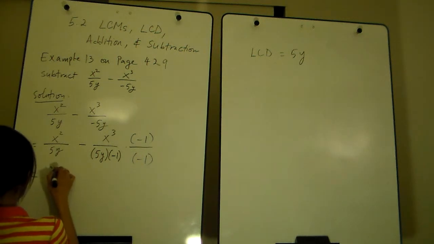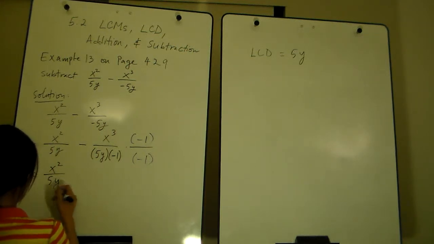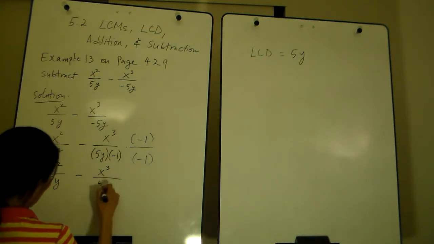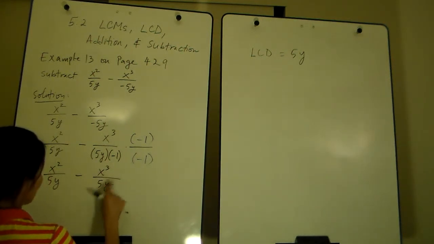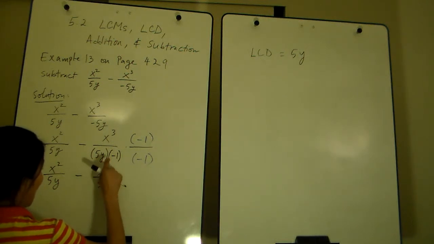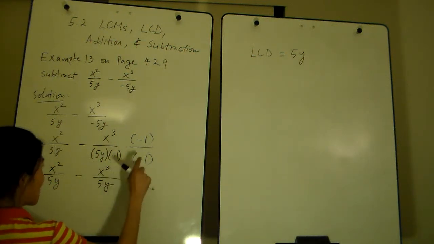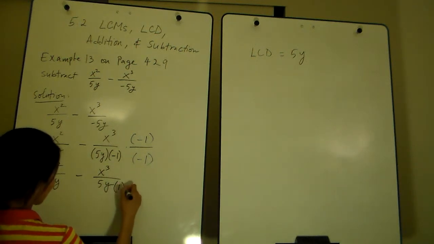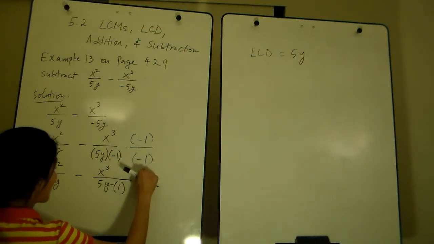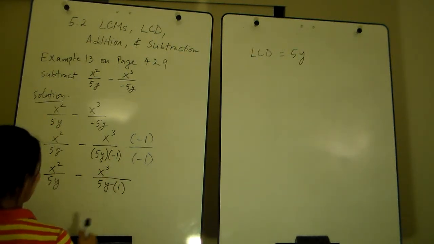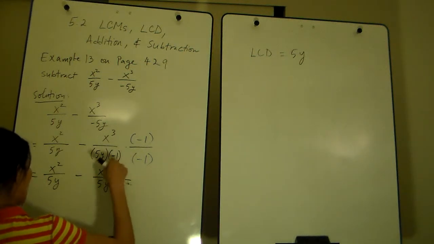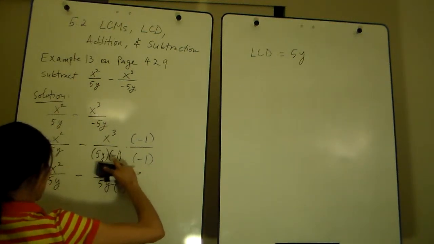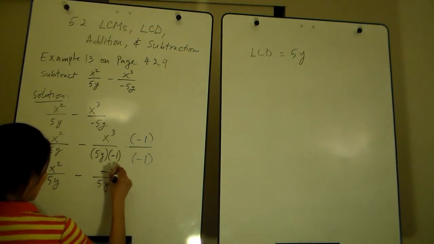Alright, now let's simplify. Rewriting the first fraction. For the second fraction, x to the third on top, 5y. Now, 5y times negative 1 times negative 1. Or you can think of negative 1 times negative 1 is positive 1, right? So negative 1 times negative 1 is positive 1 times 5y. The x to the third power on top times negative 1 is equal to negative x to the third.